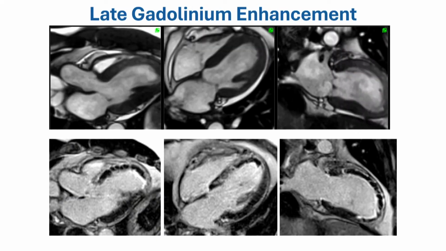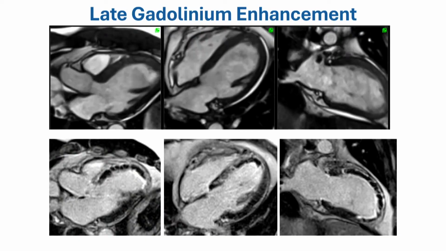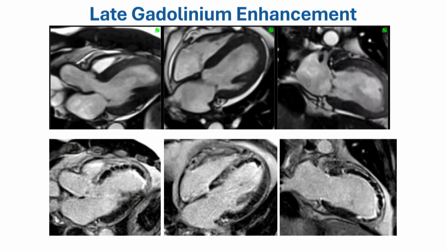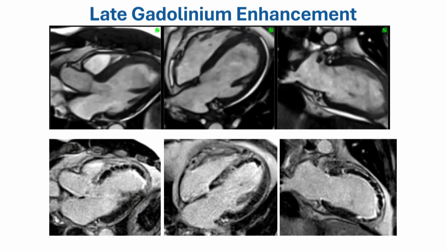Layla, let me just make one distinction here. We oftentimes use the term scar, but recognize scar is a chronic phenomenon, right? Scar is the healing process. Correct. That then becomes collagen scar. So maybe a better term to use right now is simply to say there's LGE or hyperenhancement.